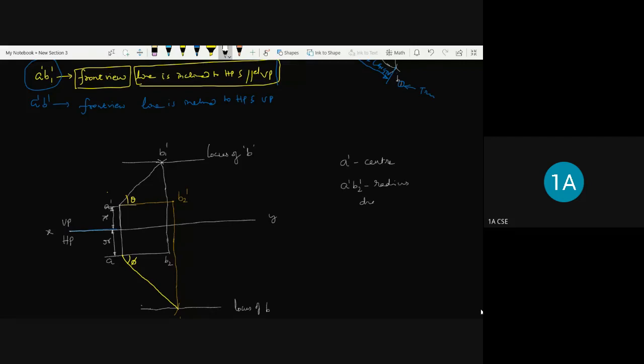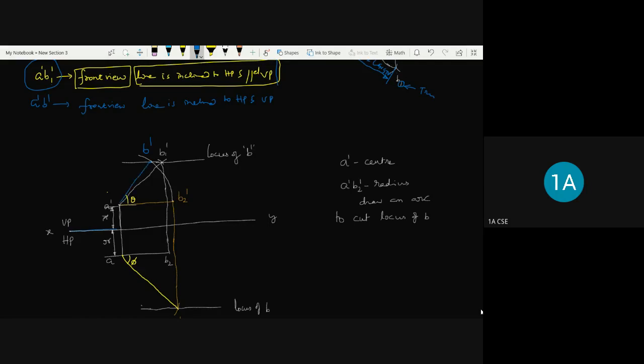We need to draw an arc to cut the locus of B dash. Locus of B means this as the center, this one as the radius. I am rotating like this so that it will cut this locus at this point. The point where it cuts this locus is named B dash.